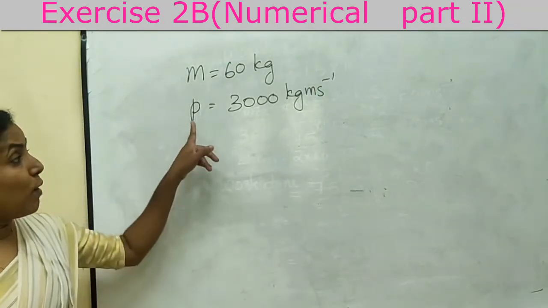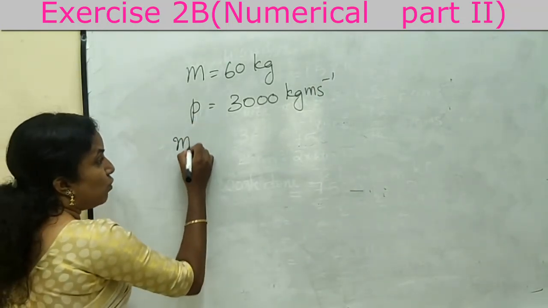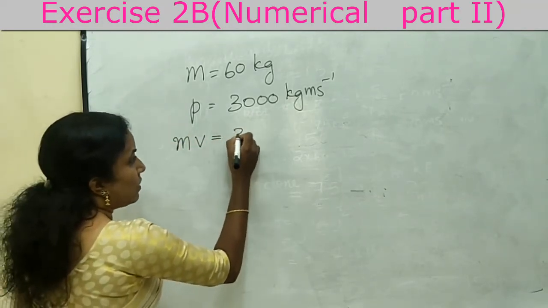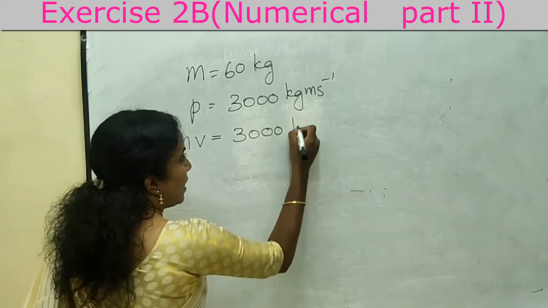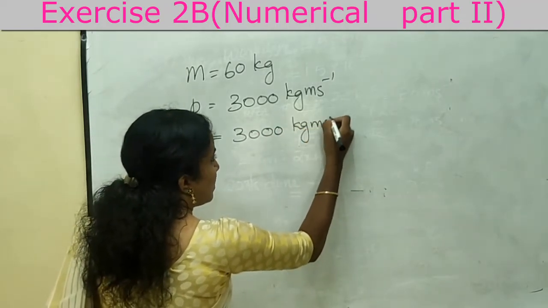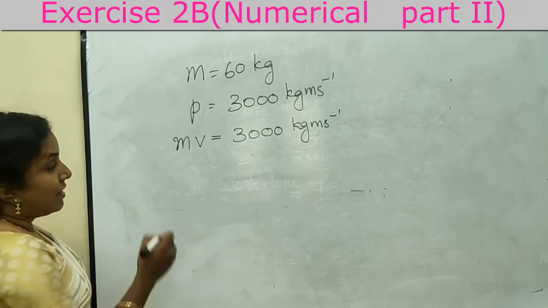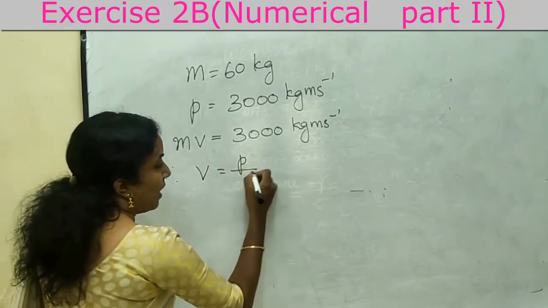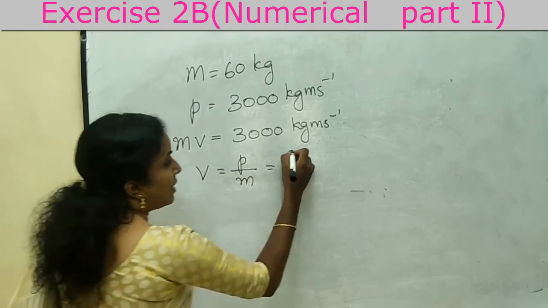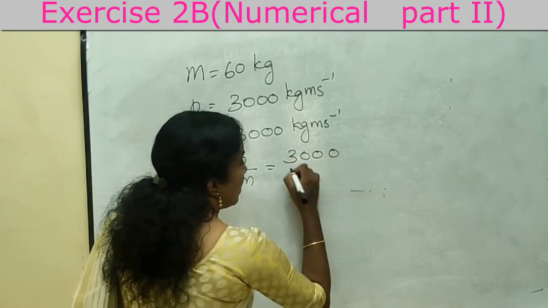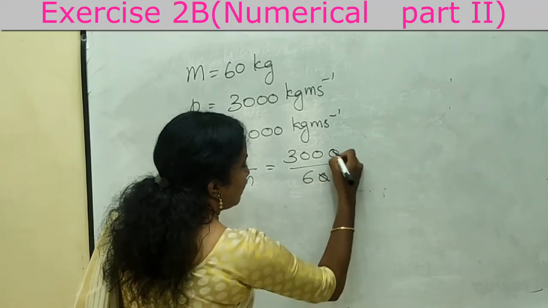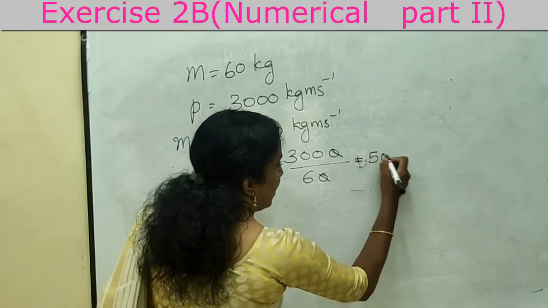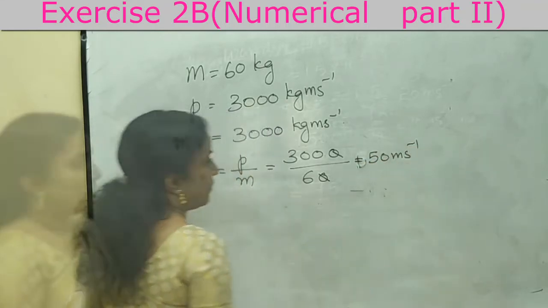As we all know, momentum is mass into velocity. So, mass into velocity is equal to 3000 kilogram meter per second. Therefore, velocity v is equal to momentum by mass, that is 3000 divided by 60, that is 50 meter per second.